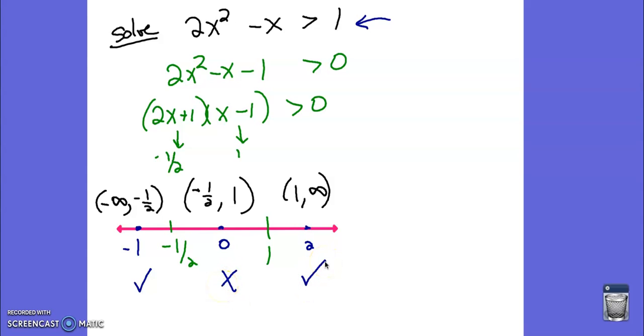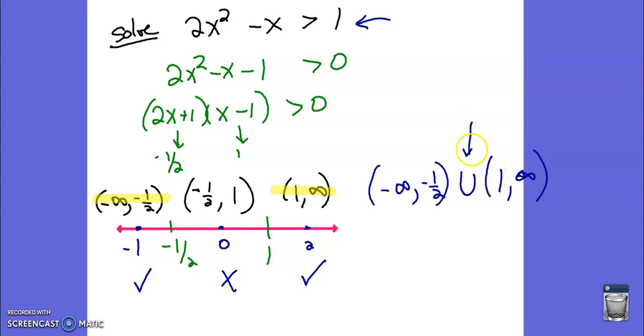So notice it's a combination of this interval and that interval, and that's the way we're going to write it. So we have negative infinity all the way to negative 1/2. So any number in that interval, and it's the union of the other one. So 1 to infinity.